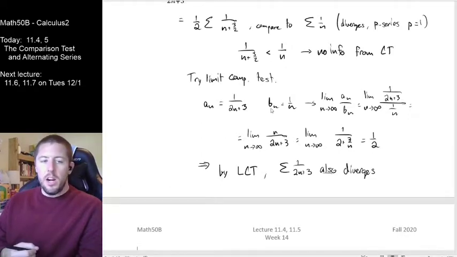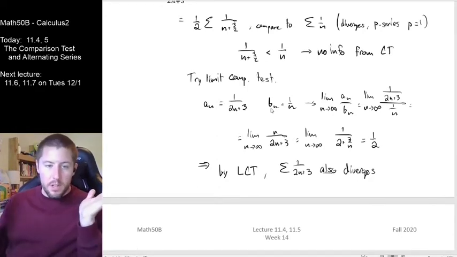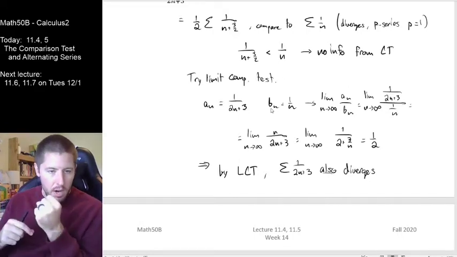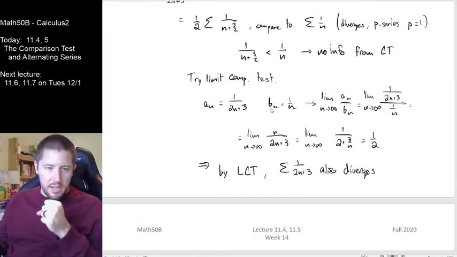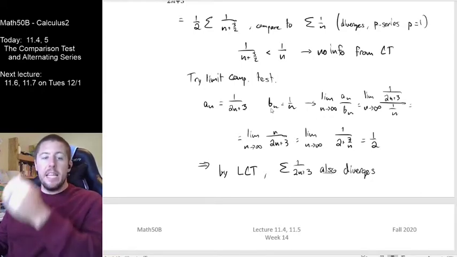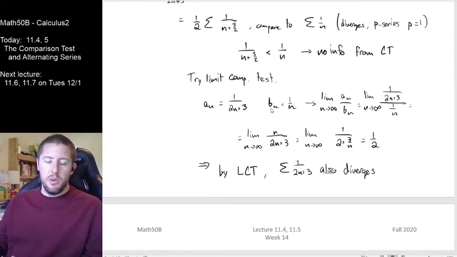So again, our knowledge of these base case scenarios for these series is wildly important because it gives us access to infinitely more series that we now know about, because we can make comparisons with our core geometric and p-series. Since we know that those converge or diverge, anything that we can make a meaningful comparison to, we now know about the convergence and divergence of, with these two comparison tests.